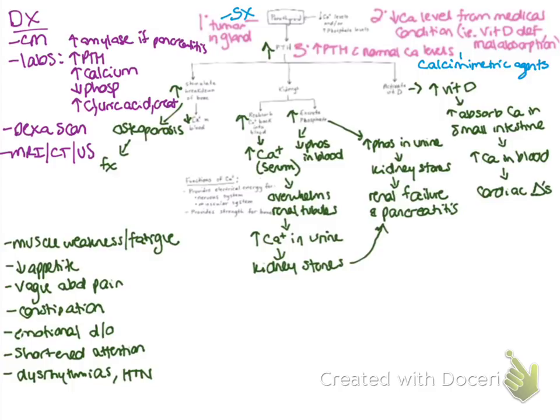And basically what they do is they make calcium bind better and increase the sensitivity of the parathyroid gland to calcium. So they help it detect calcium level more easily so that the PTH doesn't have to go so high.